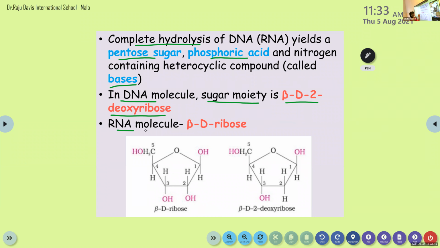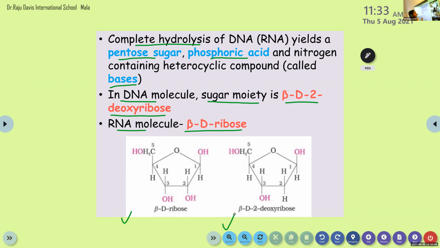Then in the case of RNA molecule, it is beta D ribose.